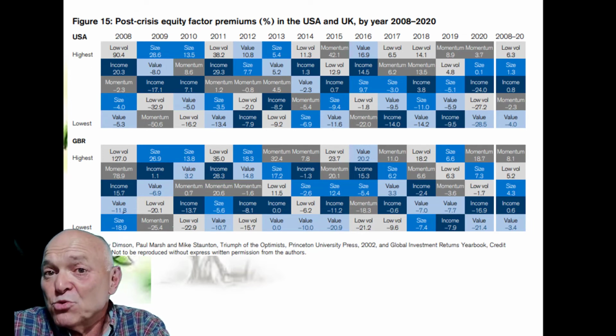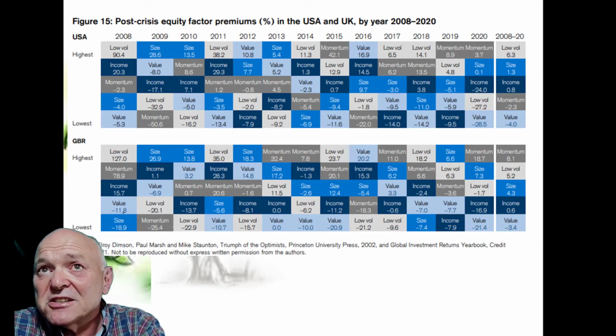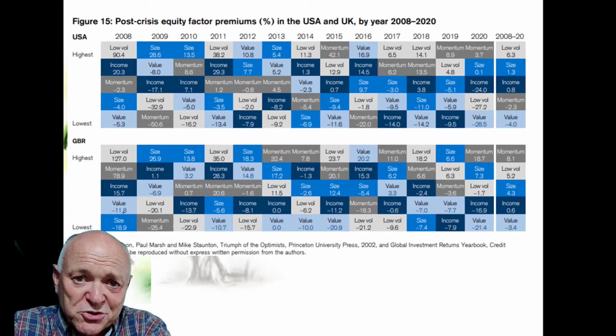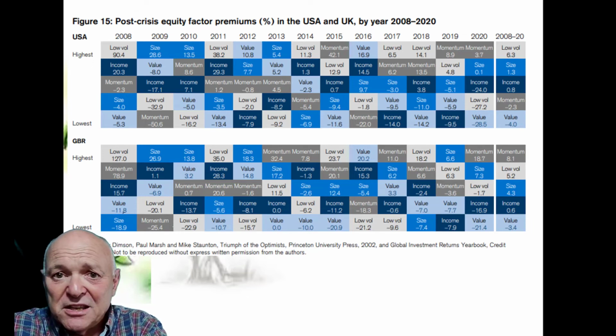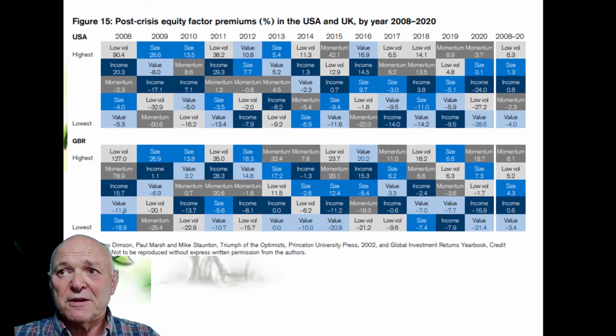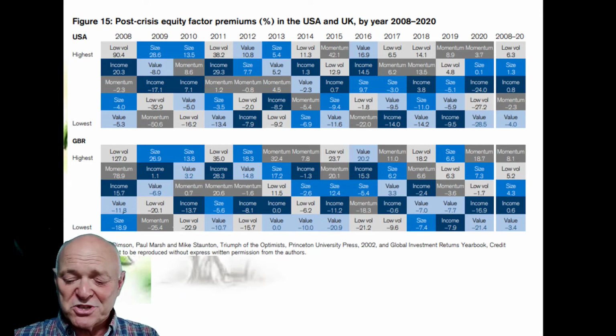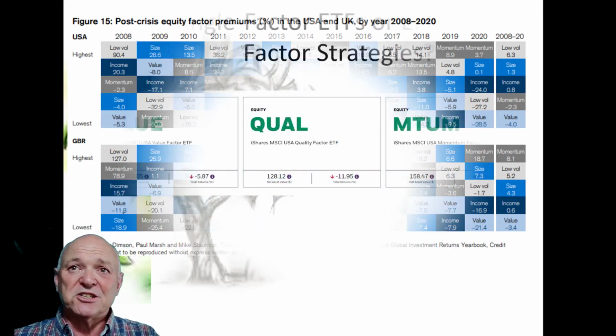In fact, even between markets, here you can see a comparison between the top and the bottom chart. In the United States, in some years, one factor would be most important. And in Britain, in the same year, that factor would be a lot less important. So there's no clear indication that this particular approach works, although right now it's the most heavily marketed idea in ETFs.